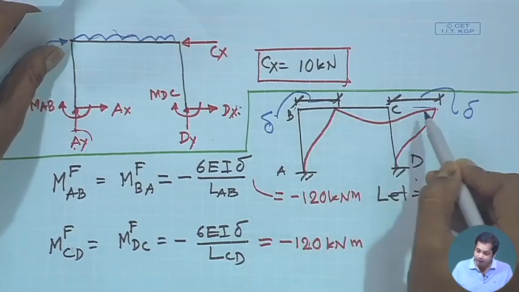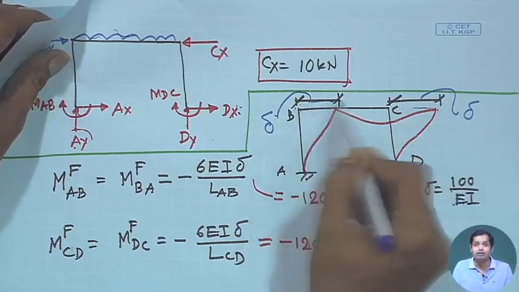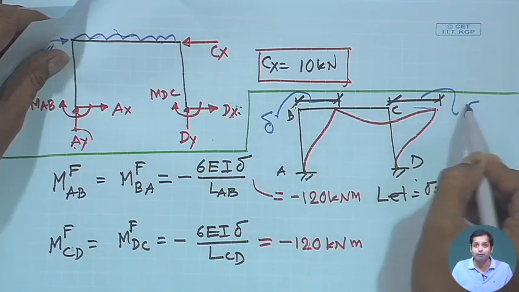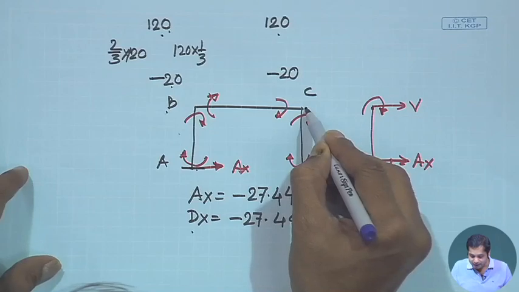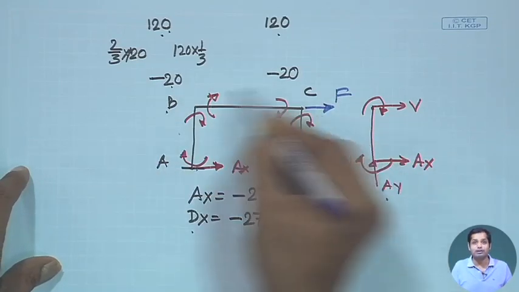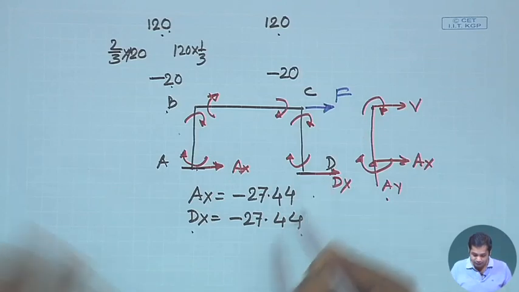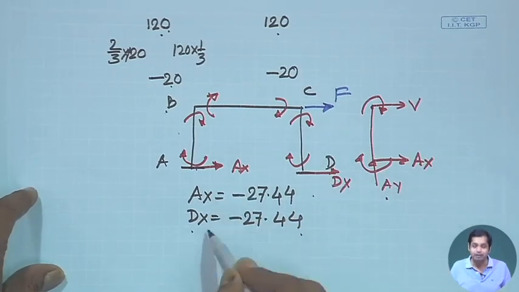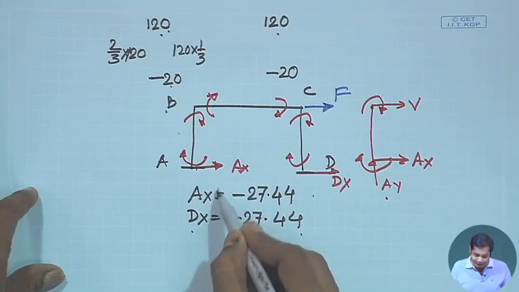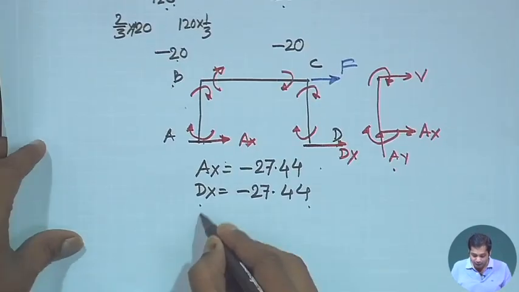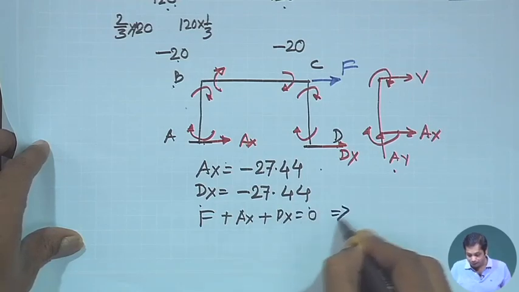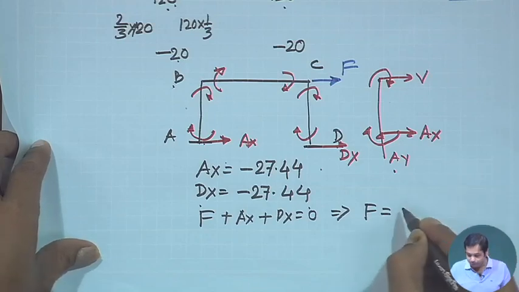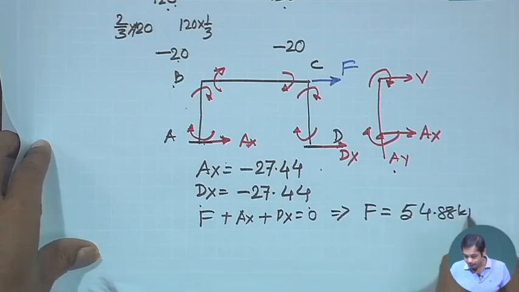But actually there is some force that may cause this amount of sway, right? What will be the force which may cause this amount of sway? The force will be this plus this. Suppose this is the force F that might have caused this delta, then this F will satisfy the equilibrium condition with AX and DX, and that equilibrium condition will be F plus AX plus DX equal to 0, and from there we will get F equal to 54.88 kilonewton. Okay.